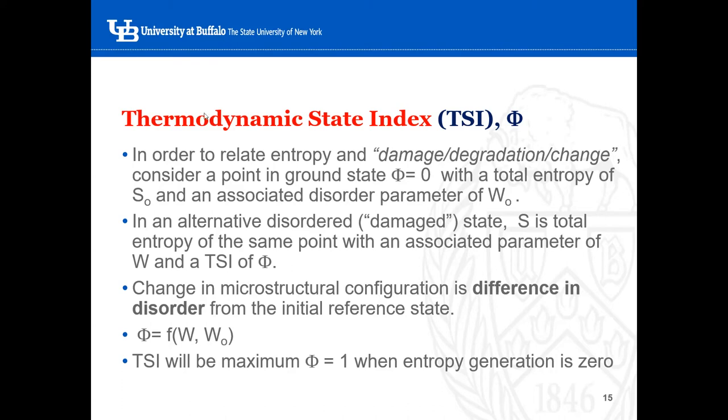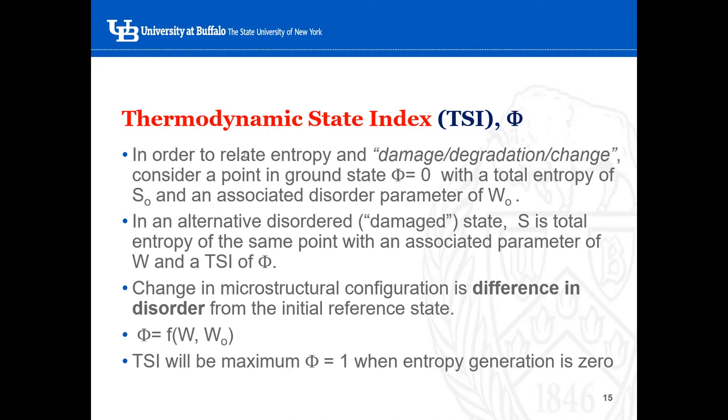So we introduce a new axis called thermodynamic state index. At any given time, any system, a human, a car, a computer, has a thermodynamic state, and the state of this system is defined by an index between 0 and 1. And you cannot be outside this range. When it is born, 0, and then when it dies, 1.